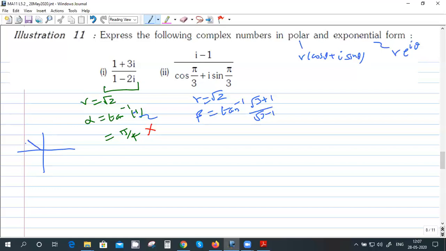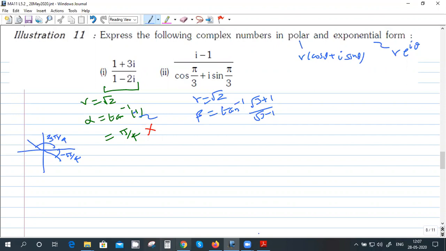This minus 1 will be here. Yeah. Or it can be here. Okay, so it is 3 pi by 4 or minus pi by 4. Okay. Two values.